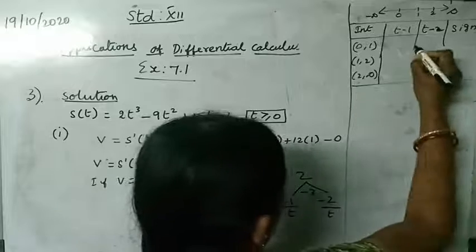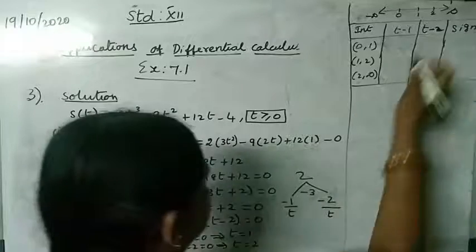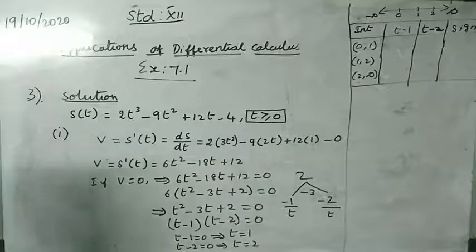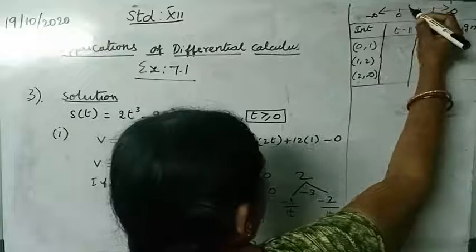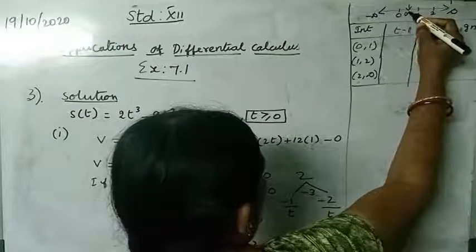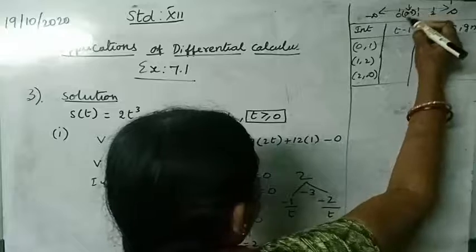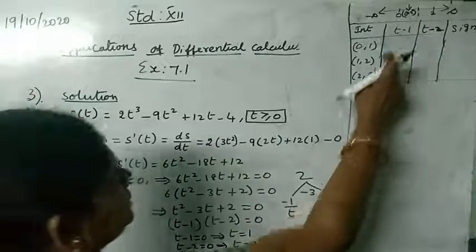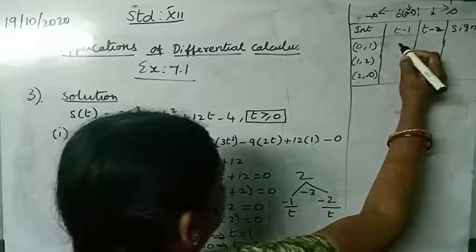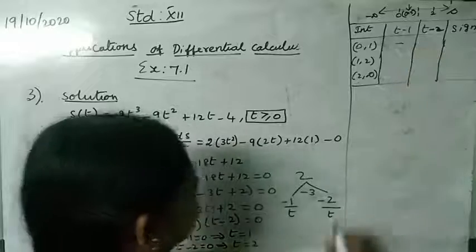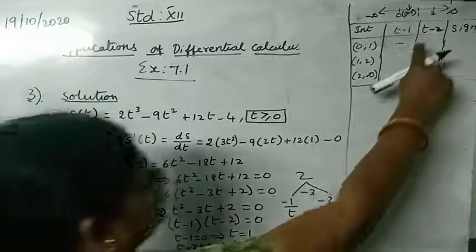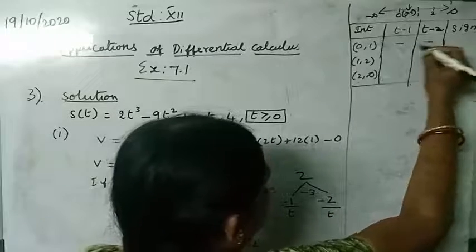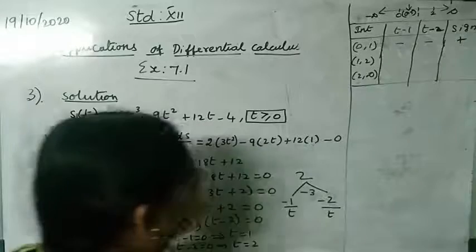Now take sample points and check whether it takes a positive or negative value. From 0 to 1, take a sample point as 0.5. Now substitute it instead of t here. 0.5 minus 1 is minus 0.5, so it takes a negative value. 0.5 minus 2 is negative, minus minus plus.